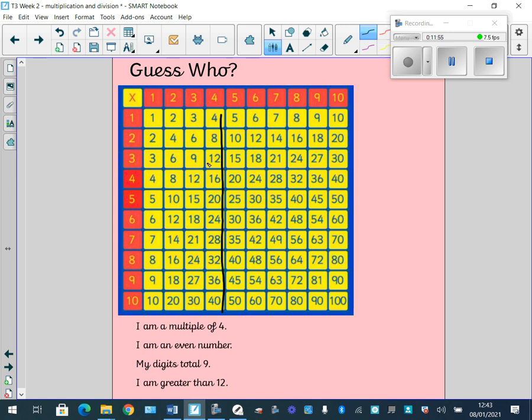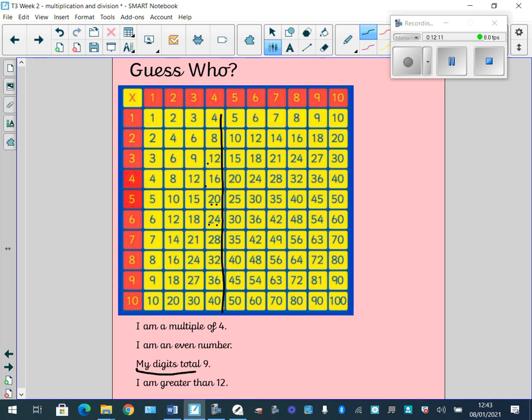So if I look at 12, 1 add 2 equals 3. That's not 12 then. Look at 16, 1 add 6 equals 7. No, that's not quite right. 2 add 0, no, that's just 2. 2 add 4 equals 6. Still not right.